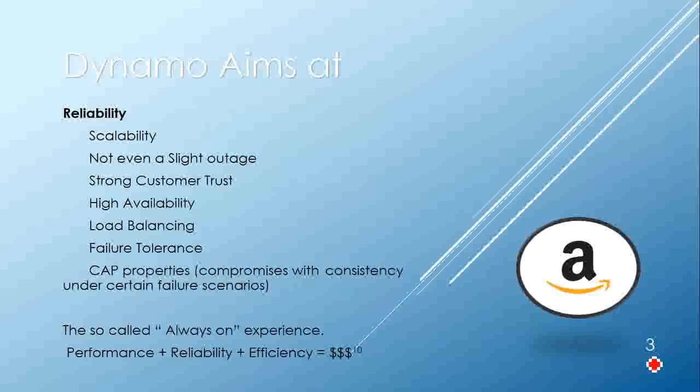Not even a slight outage, no system crashes, and of course strong customer trust and high availability, which Amazon is aiming for. The CAP properties: it fulfills availability and load balancing, but it compromises on consistency, which we will see in the future slides.